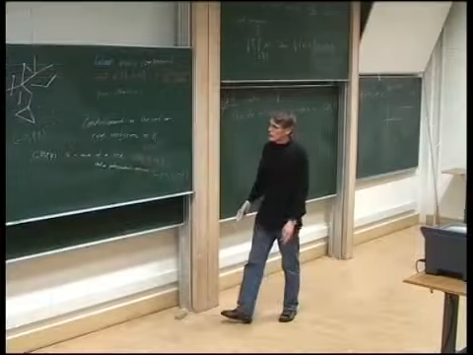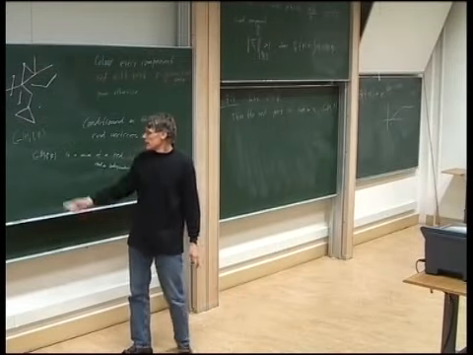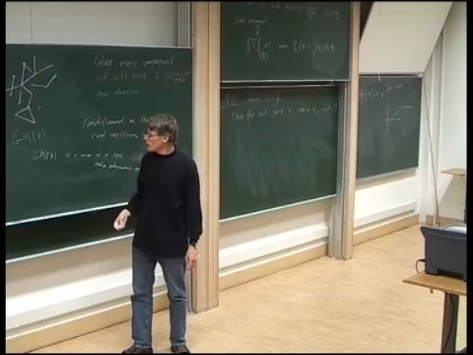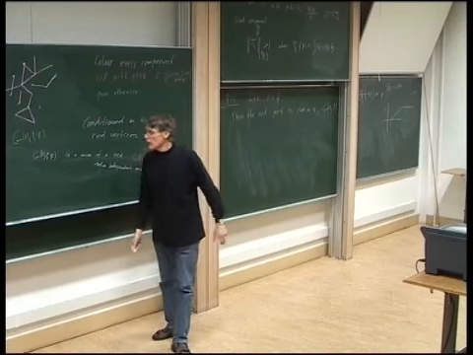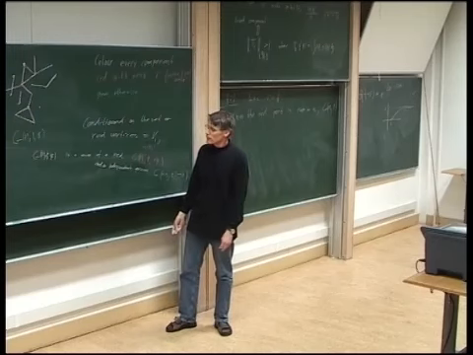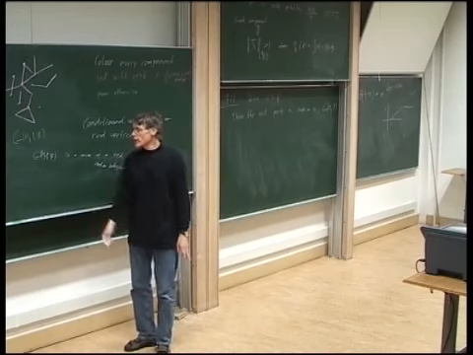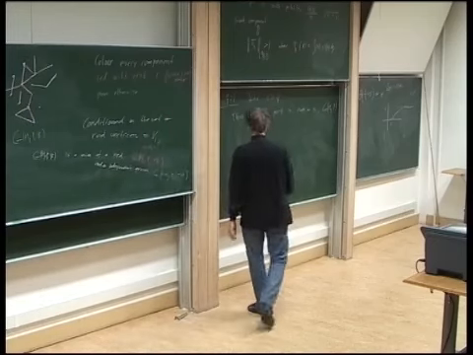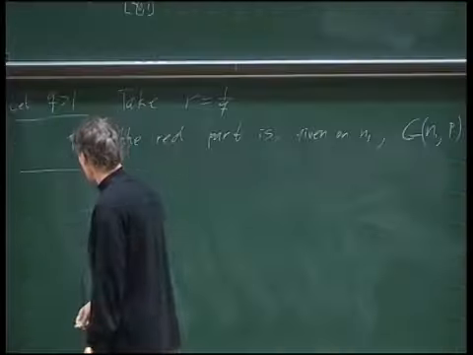We use this repeatedly. For example, suppose that this random cluster model has two large components, of size bigger than some small, well, not just small constant. Say we have two components bigger than n^{3/4}.